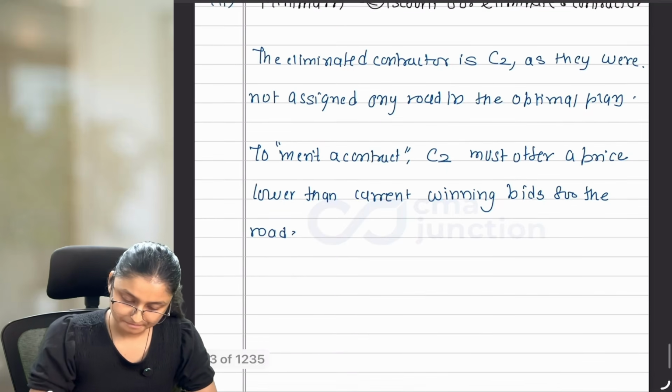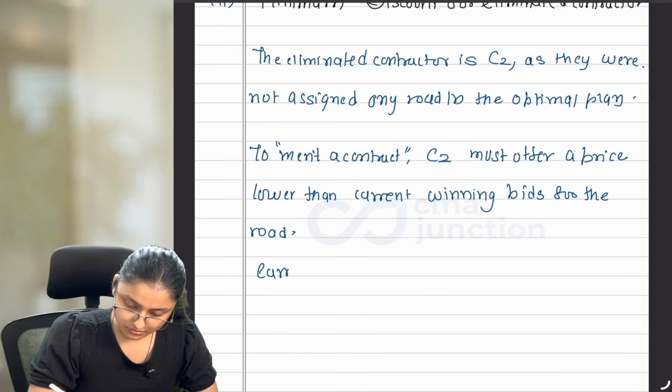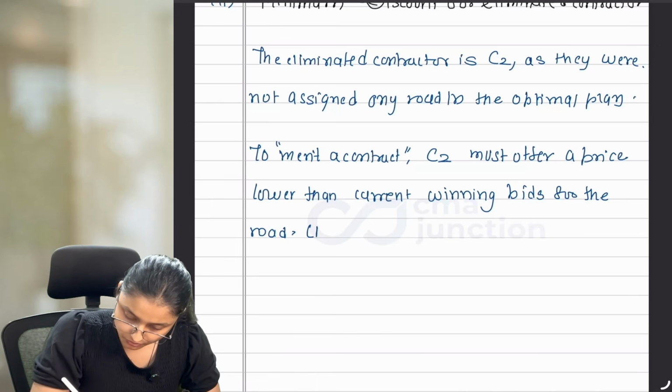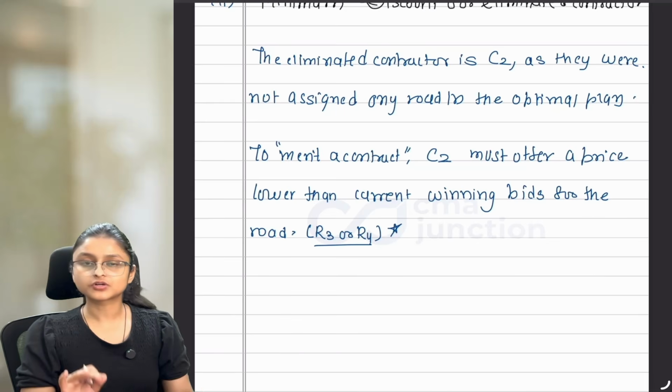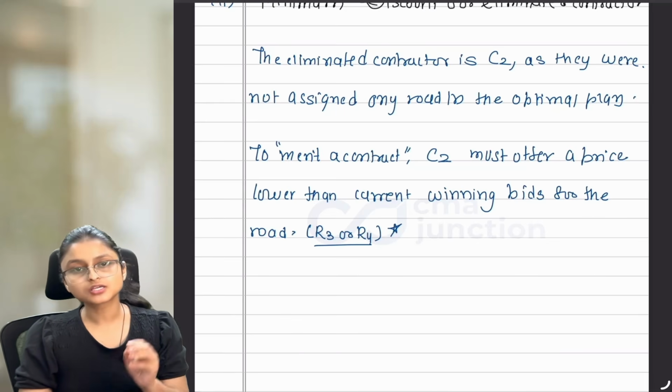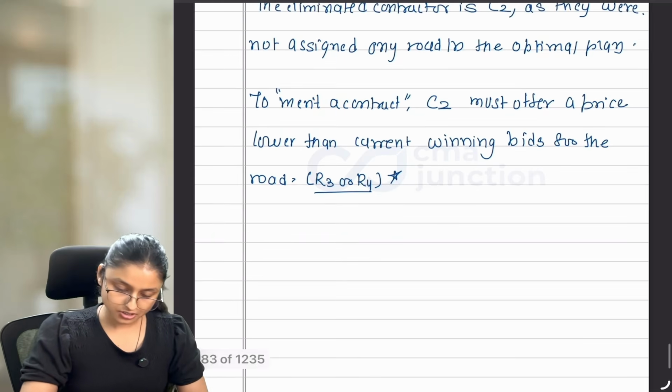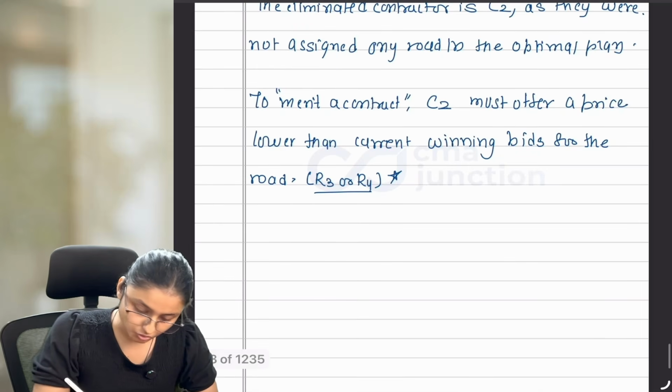Okay? Current winning bids for the road, where we are only focusing on R3 and R4. And why? We can write a note about this, because the allocation for R1 and R2 was already given in the question. Hence, we didn't change that. Okay? That we can write in our note.